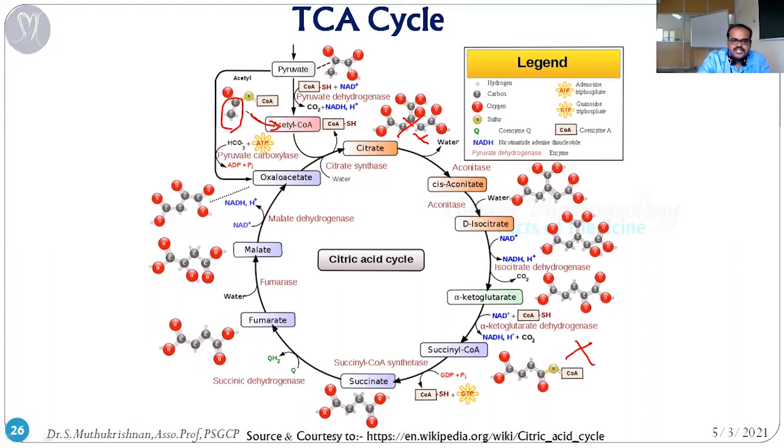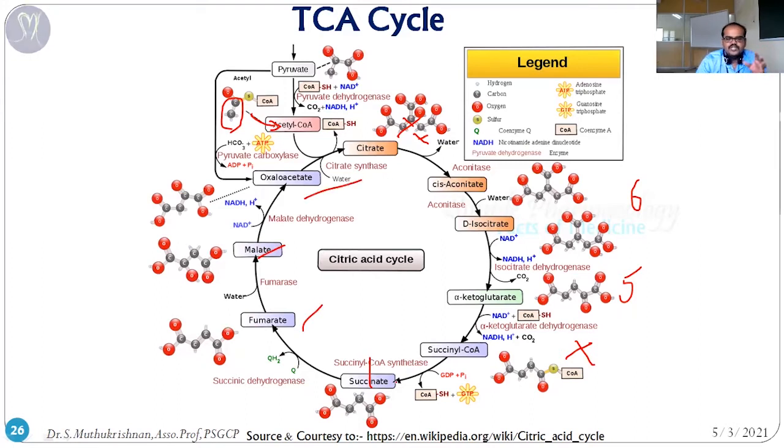Once the citrate is converted into D-isocitrate, then alpha ketoglutarate, in alpha ketoglutarate it's converted into a 5-carbon molecule. So citrate to isocitrate is 6 carbon atoms, and during conversion to alpha ketoglutarate it becomes 5 carbon atoms. In succinyl CoA, it becomes 4 carbon atoms. This 4-carbon molecule is further converted into succinate, fumarate, malate, and oxaloacetate.